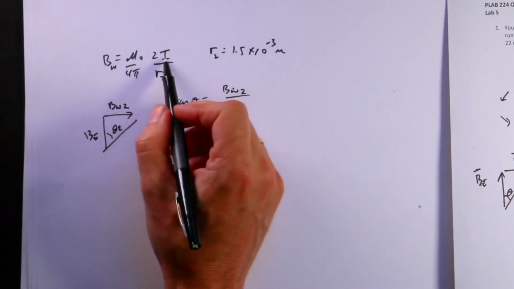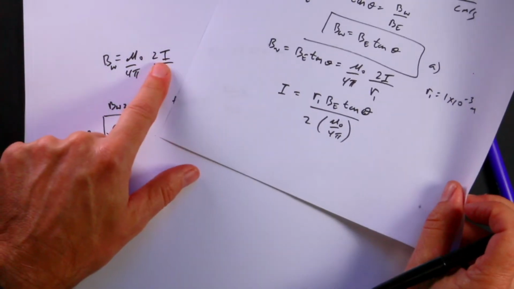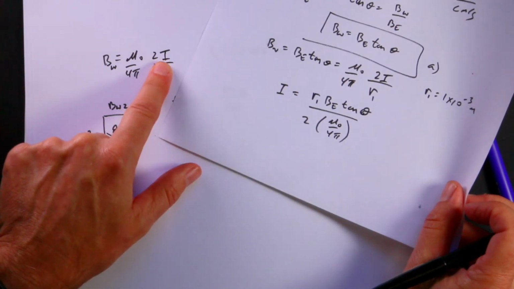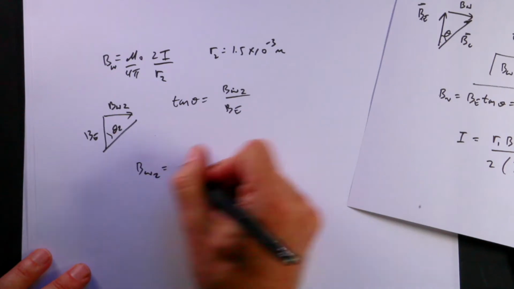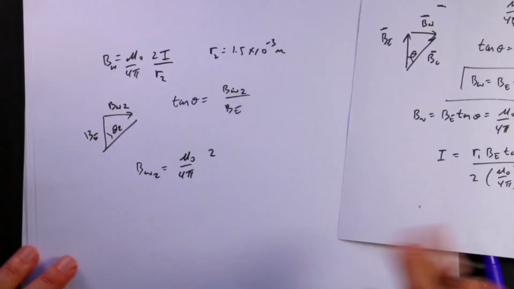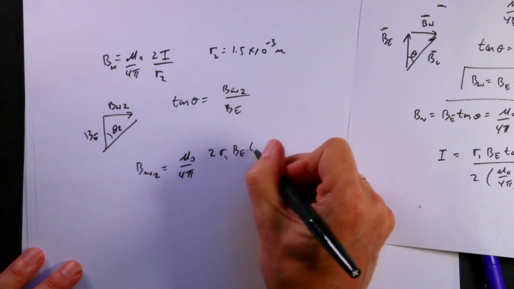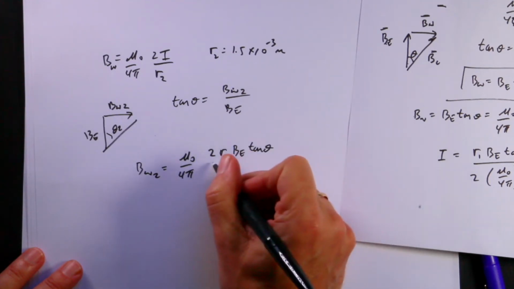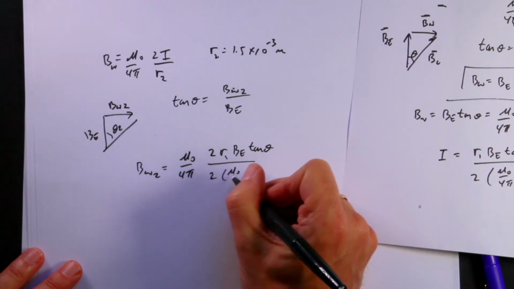If you wanted to, I could take this I and substitute it in for there. And a lot of things are going to cancel. I guess I should do that. Let's say B wire 2 is mu naught over 4 pi, 2, now for I, I'm going to put in all this stuff. So it's going to be R1 B earth tangent theta over 2 mu naught over 4 pi.